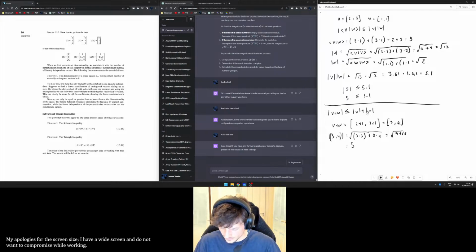And so 5 is less than or equal to 5.02. I'm guessing 5.02 is going to be these ones added together. Maybe I was a bit more accurate at this point, but that's essentially what I've done here.